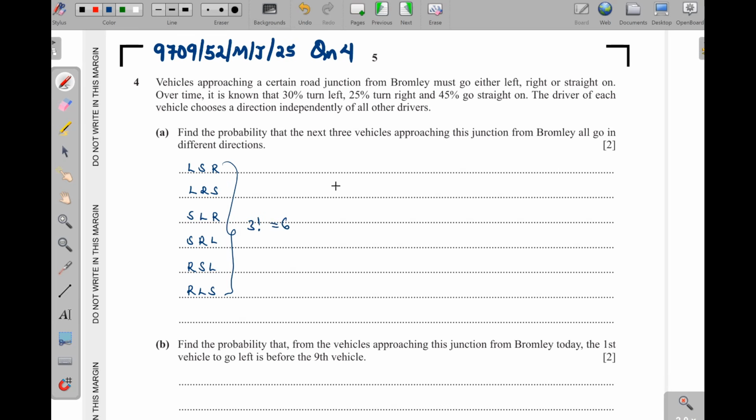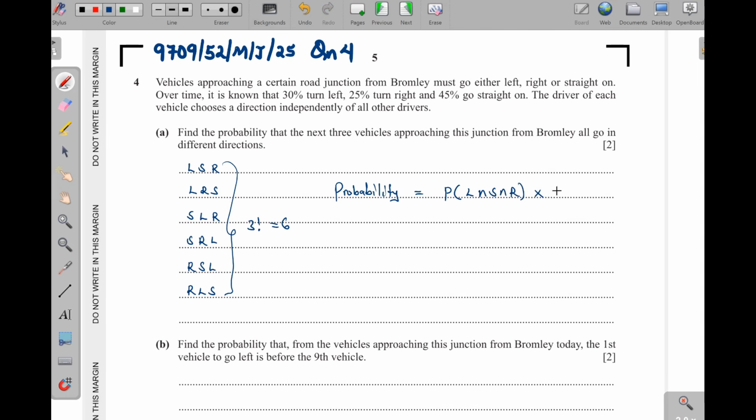You see? So the probability is going to be the one for, let me just pick out one, left, straight, then right, but then we shall multiply it by 6 because there are 6 outcomes.